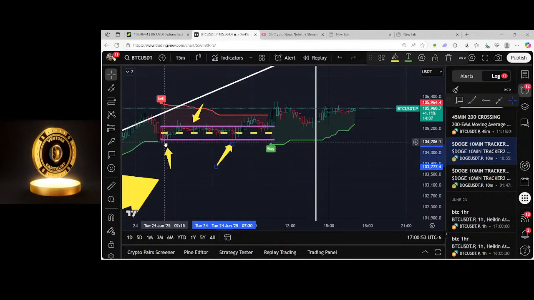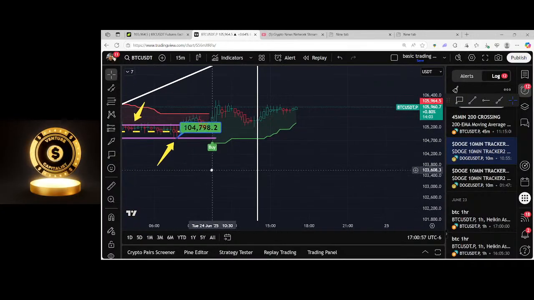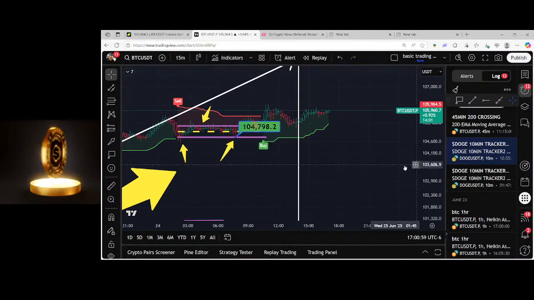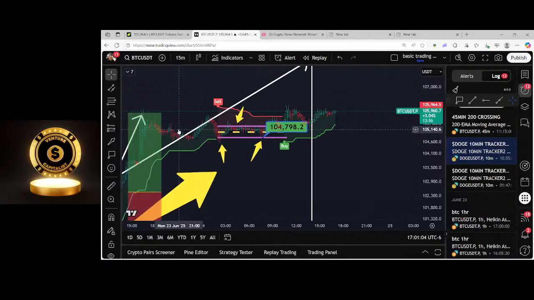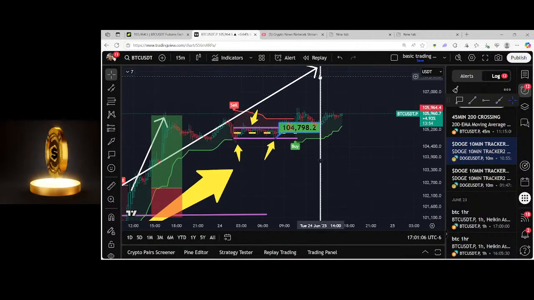And the reason why you can do that is because you know, and this is how easy this is, that currently in this position you are trading in an upward position, right?